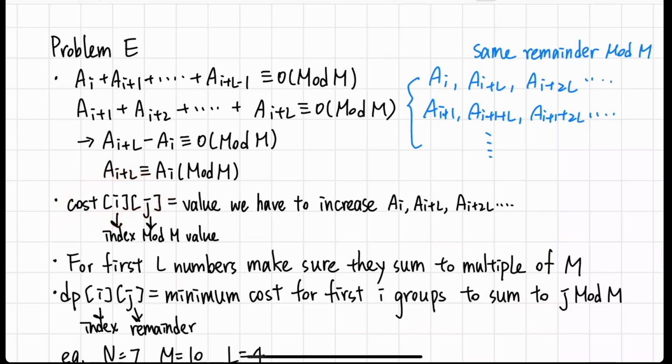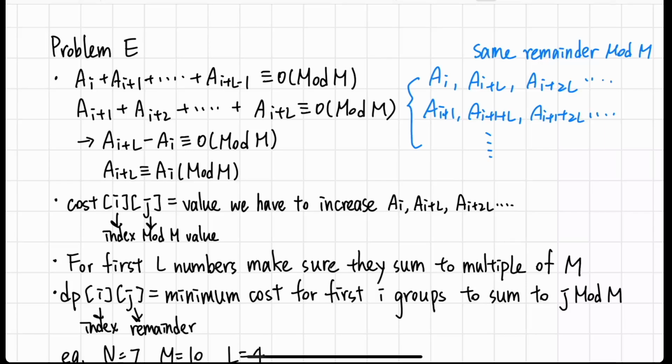This would store the index I and the mod M value J. The index I defines which group we're currently processing.